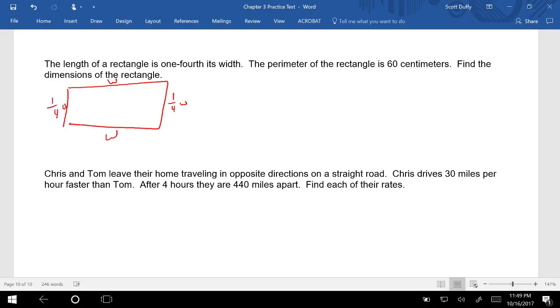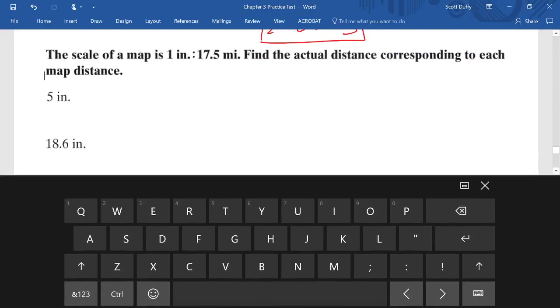So I say that perimeter is equal to width plus 1/4 width plus width plus another 1/4 width. Each of these widths are like 1. 1 plus 1 is 2 plus another 1/4, and I get 2.5. Perimeter equals 2.5 widths.